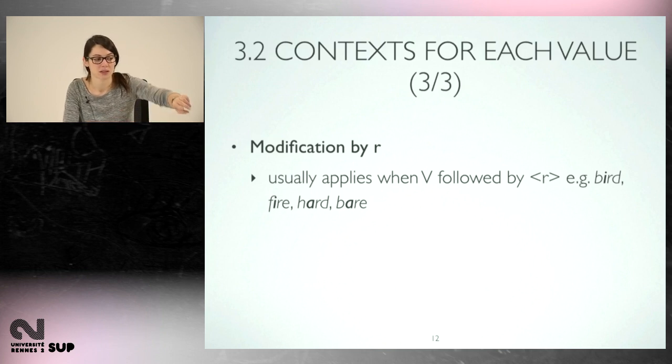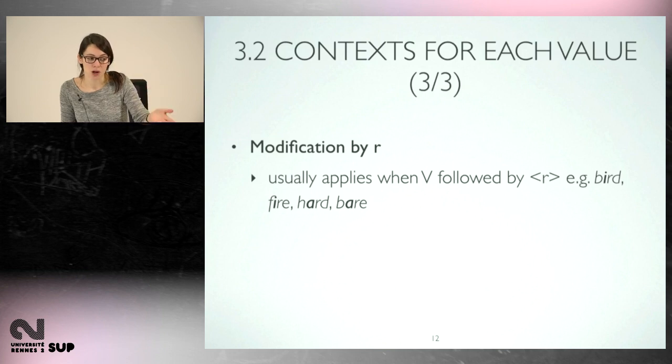Why? Because again, you are in a context where you need to have a free value. You have a vowel that is followed by a single consonant followed by a mute E. This is a context for the free value. The free value is going to be modified by R because the consonant that comes after the vowel is R, and that's why you get the R-modified I and not I simply.